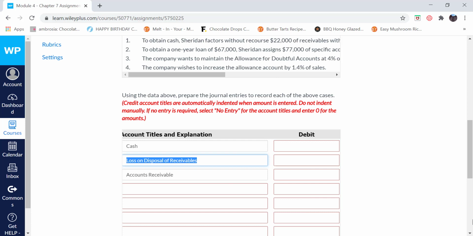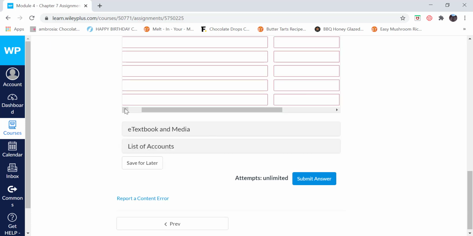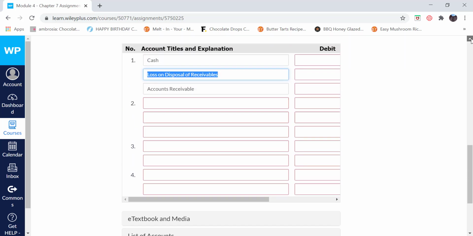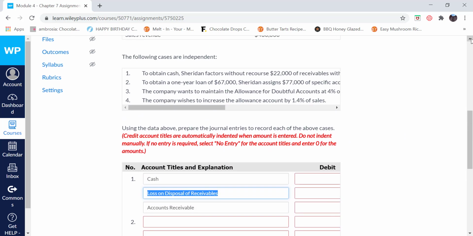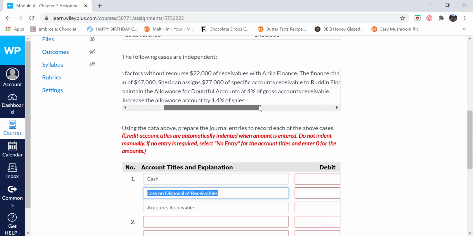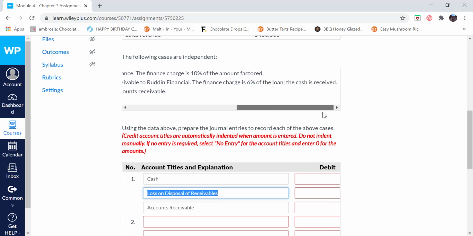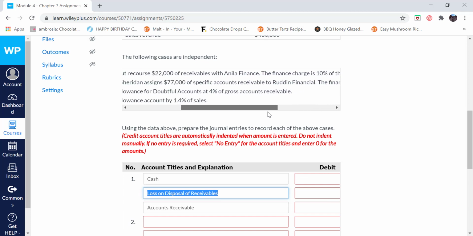Okay. Part 2 is the one that I find is not a transaction you would ever see. So I'm just going to throw it in here. It says to obtain a 1-year loan of 67,000, Sheridan assigned 77,000 of specific accounts receivable. The finance charge is 6% of the loan. The cash is received.